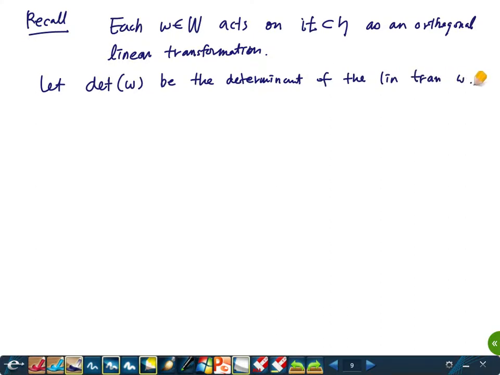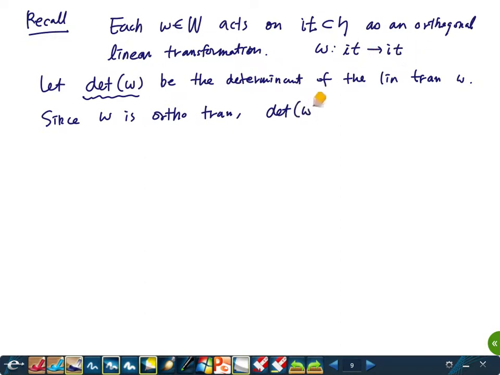Since this is an orthogonal transformation on a real vector space, the determinant of this is always plus or minus 1.